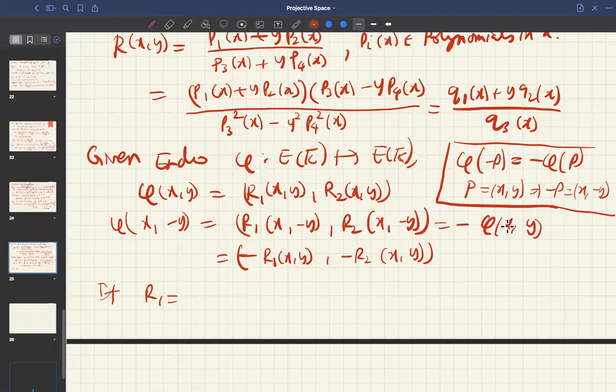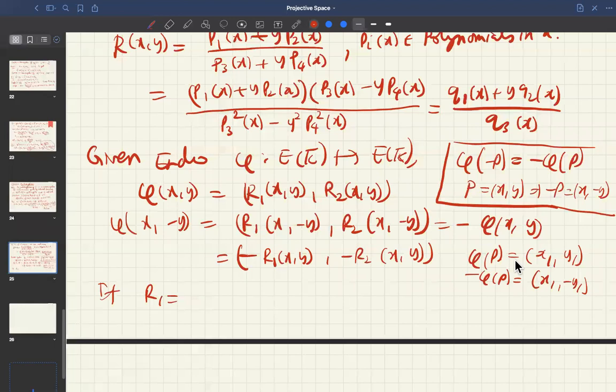So when I say minus, suppose P is (x1, y1), then minus of phi of P is going to be (x1, minus y1), right?